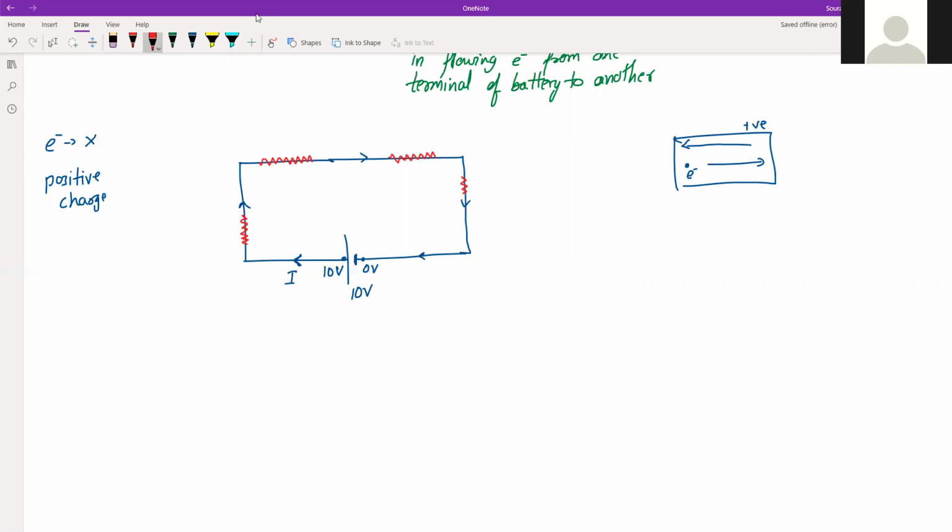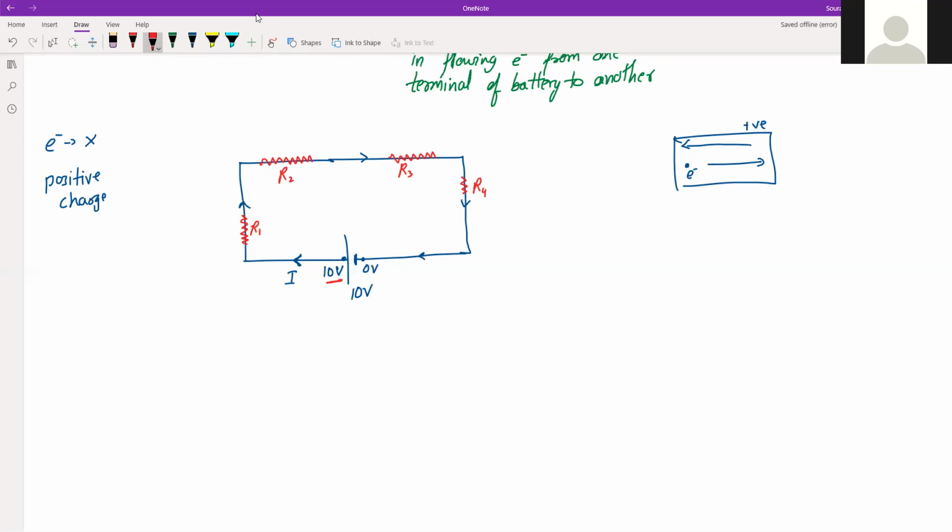To overcome that, it has this 10 volts of initial energy, and it will spend those 10 volts in, say for example, these 4 resistances. The 10 volts of initial potential will be consumed. These things have a tendency to oppose the current, and that's why they are called resistors.